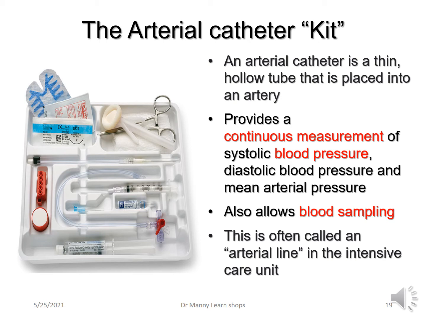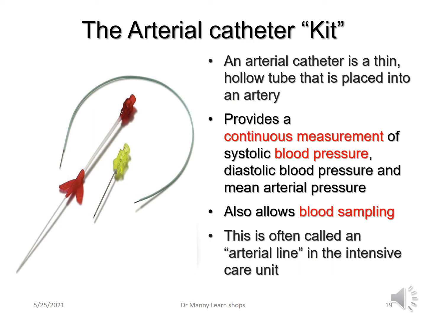It provides a continuous measurement of the systolic blood pressure, the diastolic blood pressure and the mean arterial blood pressure, as I indicated previously, and it also allows for arterial blood sampling, especially for arterial blood gas. This is often called an arterial line in an intensive care unit. So you've got the catheters.